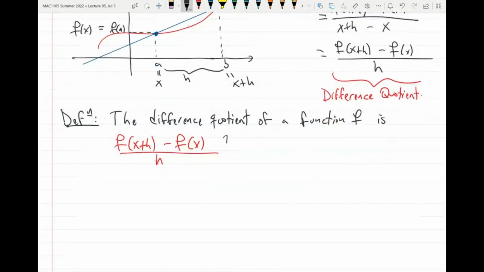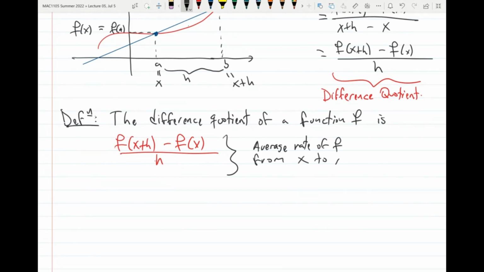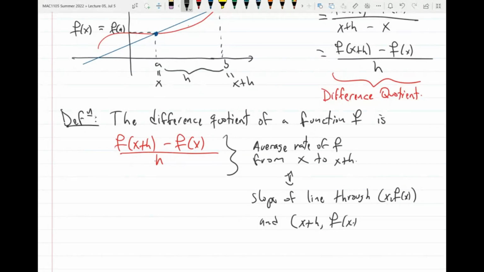Okay, and remember that this is just the average rate of change of f from x to x plus h, which again is just the slope of the line through the points x comma f of x and x plus h comma f of x plus h. Okay, that's all it is.